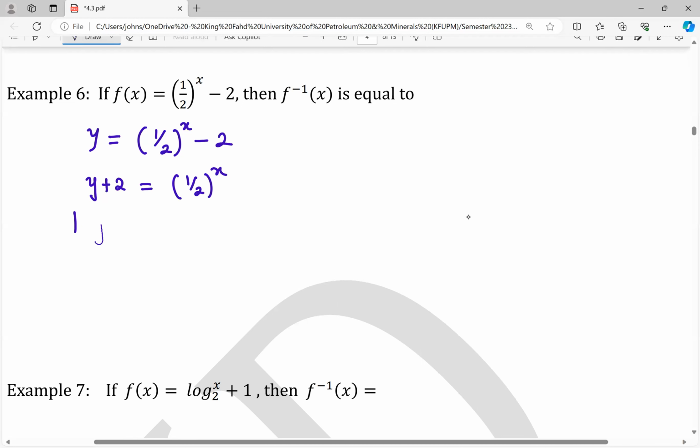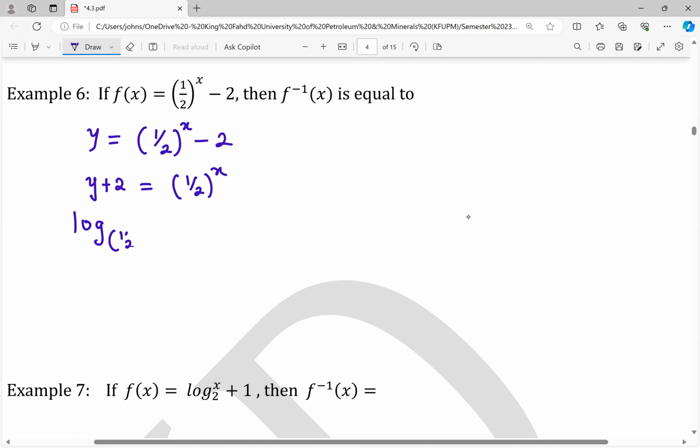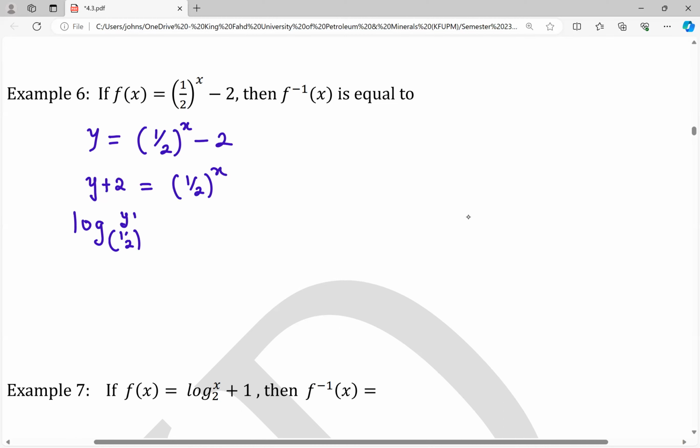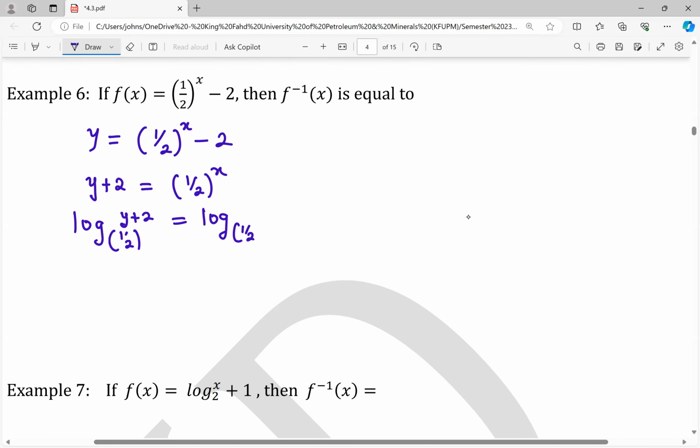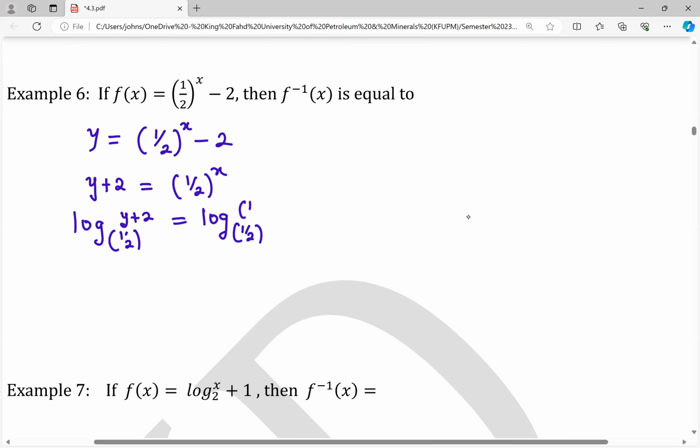So you can take log to base 1 over 2 of y plus 2 equals log to base 1 over 2 of 1 over 2 all to the power x, right? And here we can use the fact that this will simply become x, because we already saw in one of the properties that log to base a of a to the power x is just x, right?